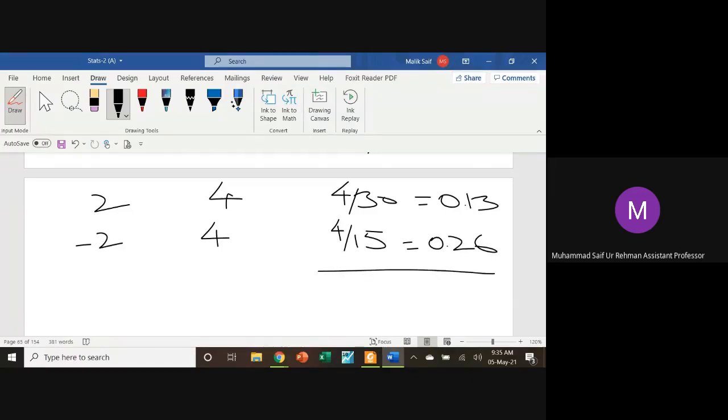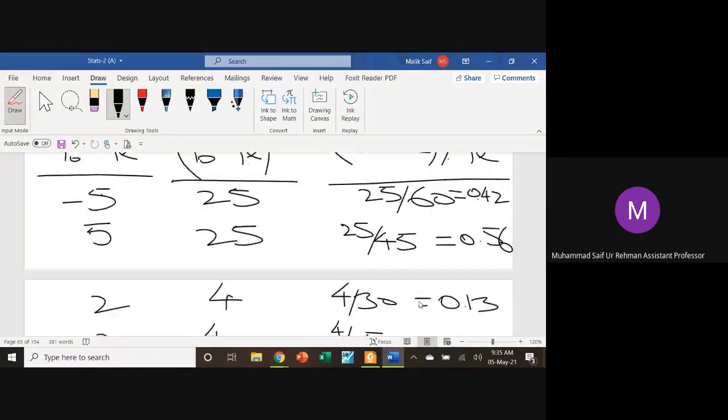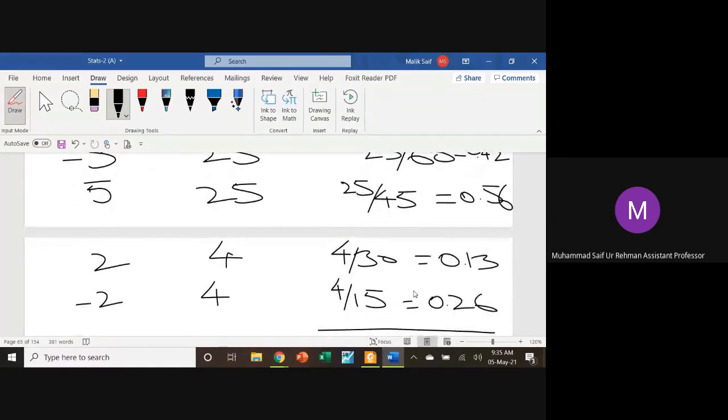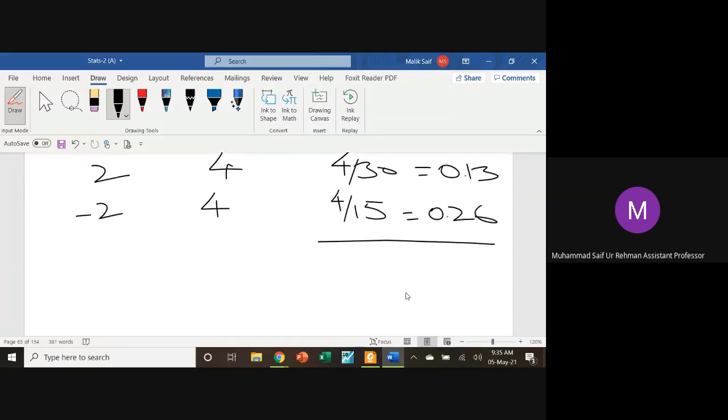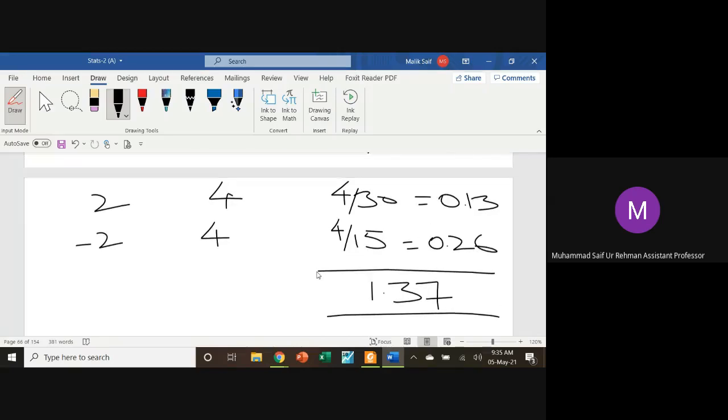So now you have to add these values: 0.42 plus 0.56 plus 0.13 plus 0.26. The answer is 1.37. So what is this? This is your calculated chi-square.